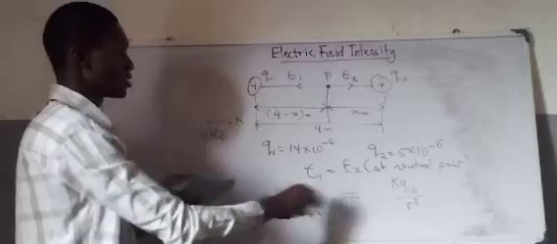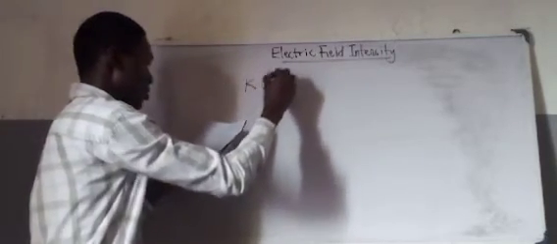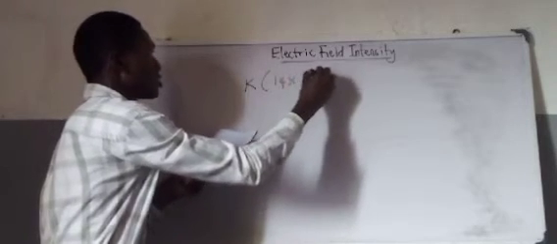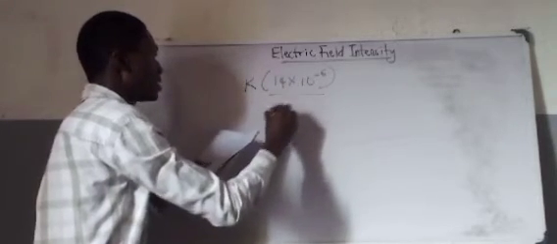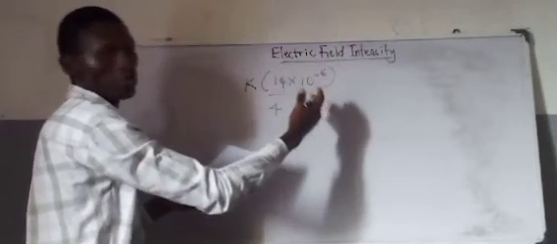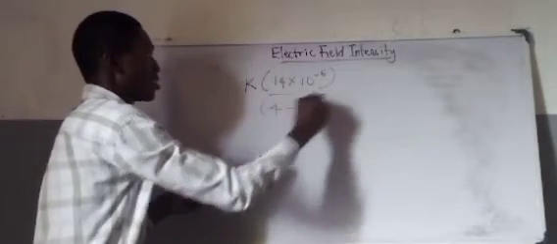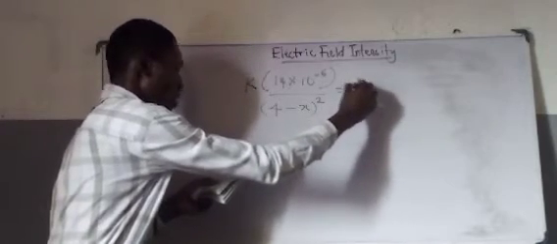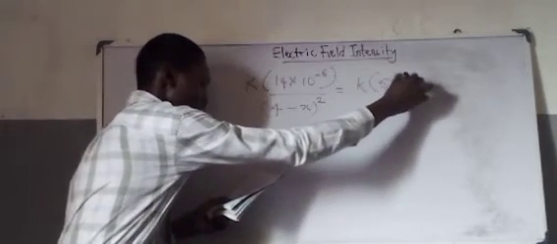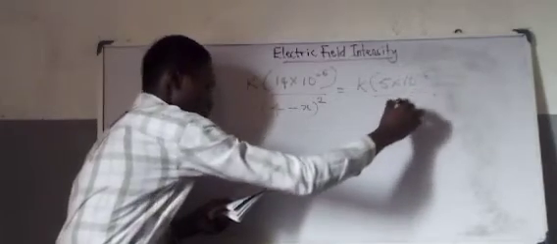So let's impute our values. Now we have K times 14 for Q1 times 10 to the power minus 6 divided by the distance of Q1 to the neutral point, which was given as 4 minus x, all squared, is equal to K for Q2 divided by the distance, which was given as x squared.